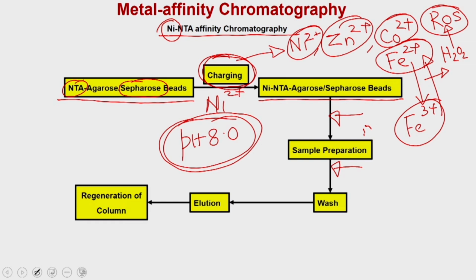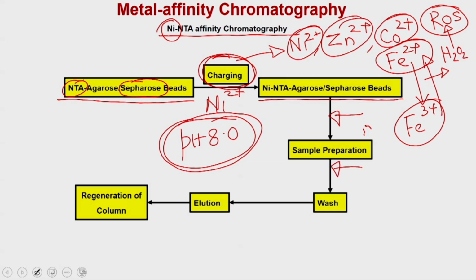Now, you prepare the sample in this particular pH buffer. You can use Tris pH 8 or you can use phosphate buffers. Most of the time people do not prefer the phosphate buffer because it contains a large amount of salts, and many types of salt and other things.